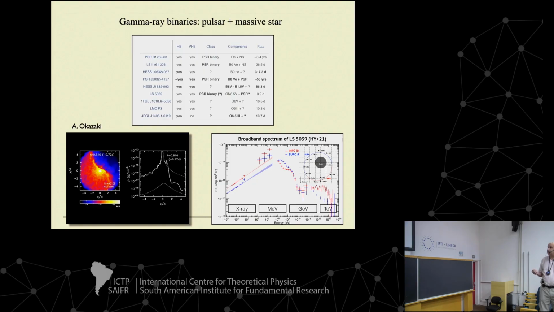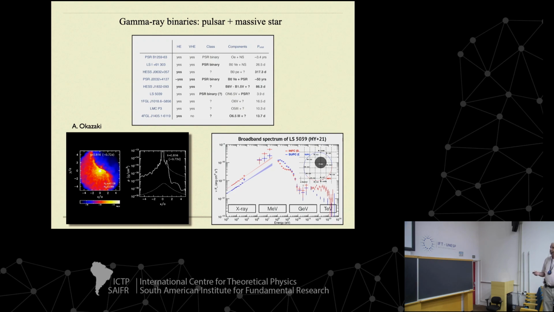I was one of the first to work on this source predicting gamma ray emission. And then you have this system, LS 5039, that was at the beginning thought to be a microquasar, but now is suspected to be a gamma ray system that was studied by the Barcelona group since the early this century.